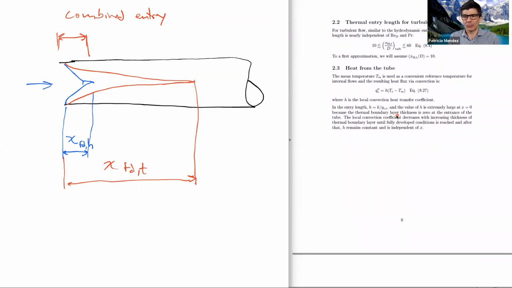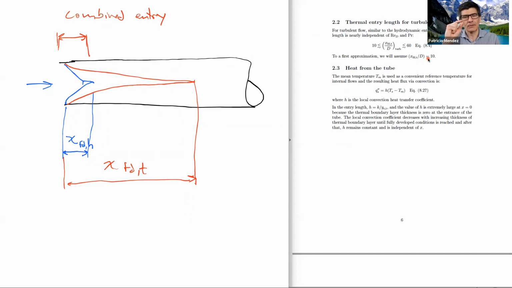All right. For the case of turbulent flow, the thermal entry length is also 10 diameters. And of course, it makes sense because if you remember when we discussed turbulent boundary layers, we said that the turbulence caused local advection.